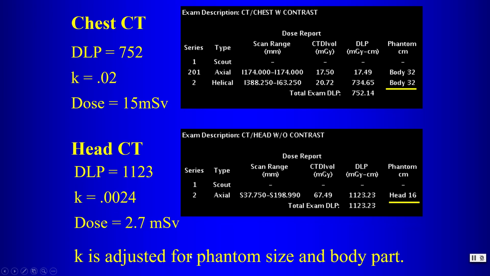So that K factor is adjusted both for the phantom size and the body part. The K factor for the head CT will be smaller, taking into account the size of the phantom, but also taking into account that the radiosensitivity of the organs within the head is going to be less than the radiosensitivity of the organs within the chest.